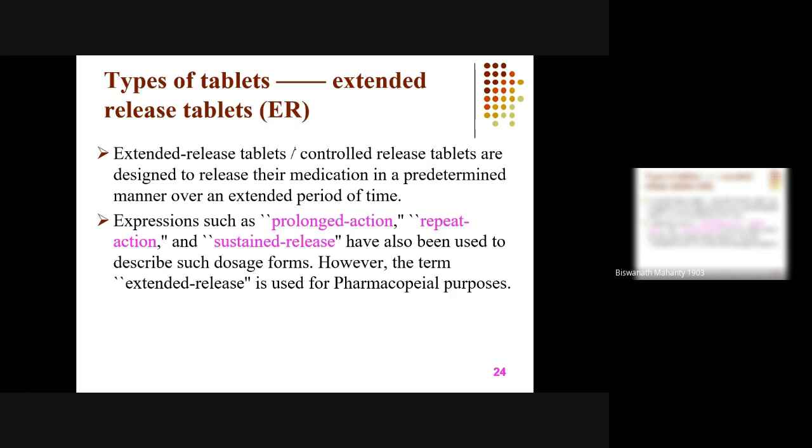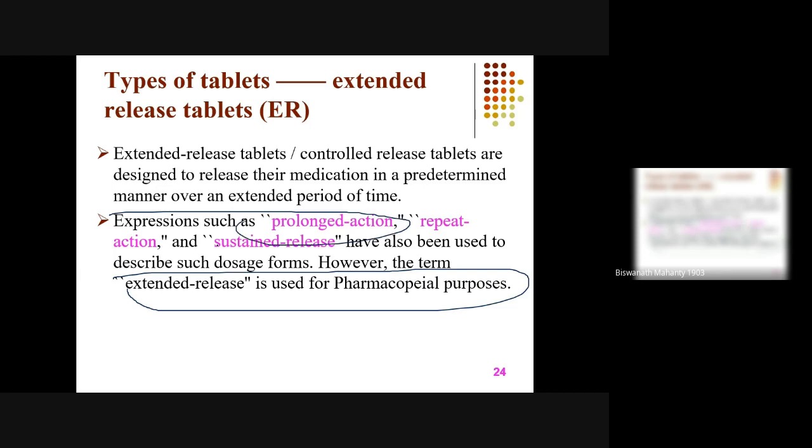It's within an hour, a few hours. That is only achievable because we can only protect it so much. There are some formulations, of course, formulated as a patch, but apart from that, in the oral route they will only give you a few hours of extension time. This is also used for pharmacopoeial purposes.